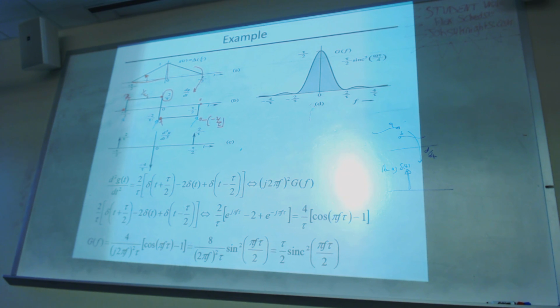You have minus 2 over τ, and then minus, what's here? 2 over τ. So you get minus 4 over τ. That's how you get the negative one going down.